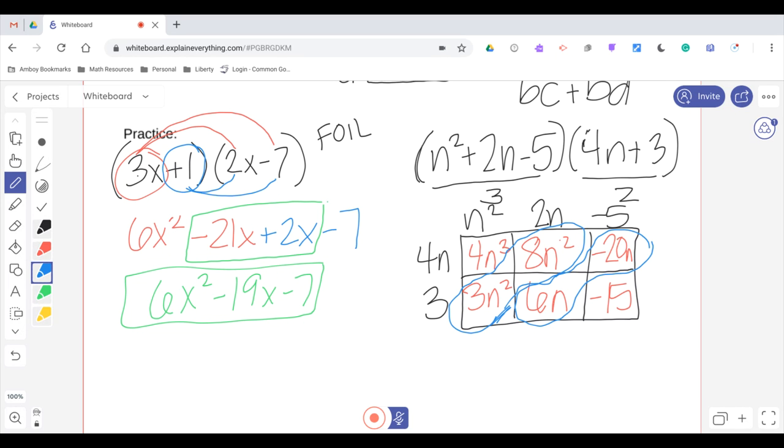So my first term is the 4n cubed. 3 plus 8 makes 11n squared. 6 minus 20 makes negative 14n. And then I have negative 15.